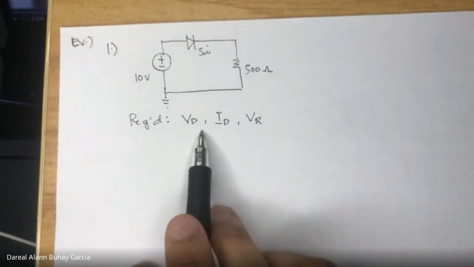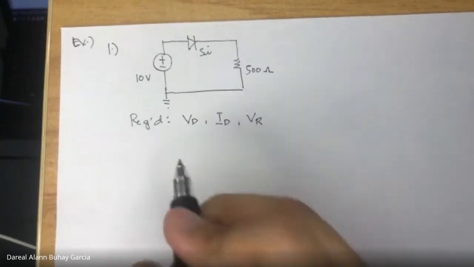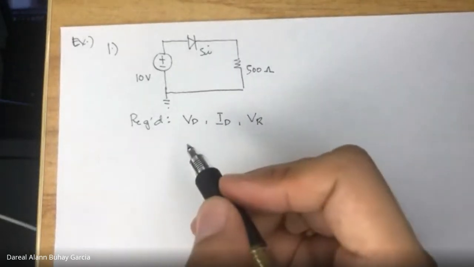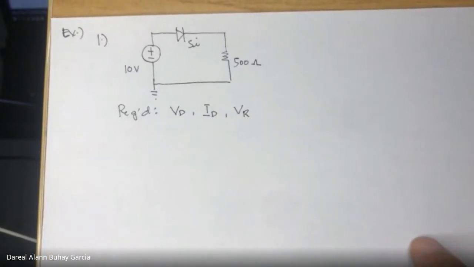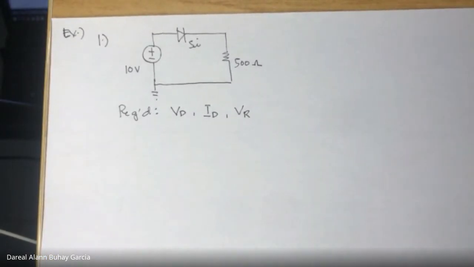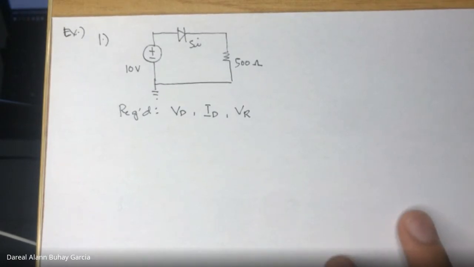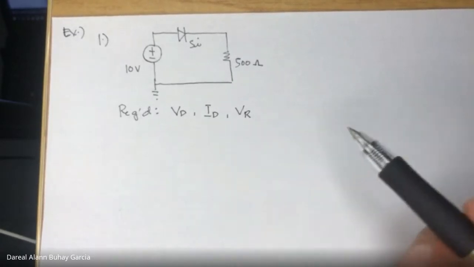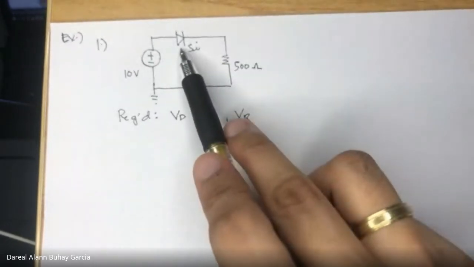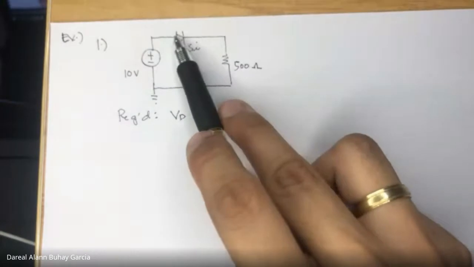Required, solution. Now, before anything else, especially when dealing with diode circuits or electronic circuits, the general rule, the first rule, is to know the condition of our device.